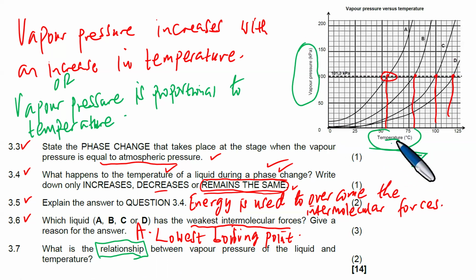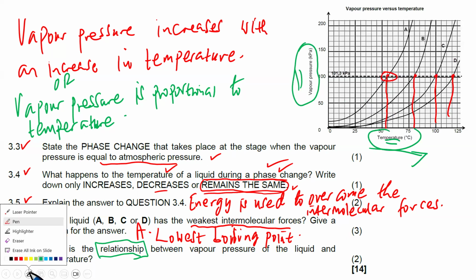When temperature goes up, vapor pressure also increases. That is why this graph demonstrates that pattern, which is an increasing function, or an increasing relation. Next point.